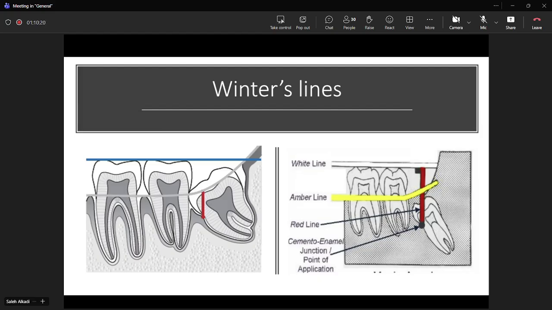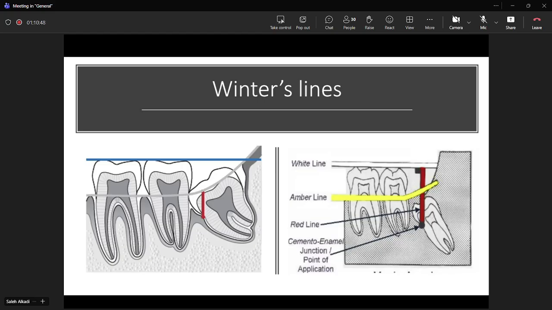For each 1 millimeter of depth or length in the red line, there's a 3 times increase in difficulty of extracting the third molar. They say if the red line is bigger than 5 millimeter, then this is an indication for this third molar to be removed under general anesthetic or sedation.